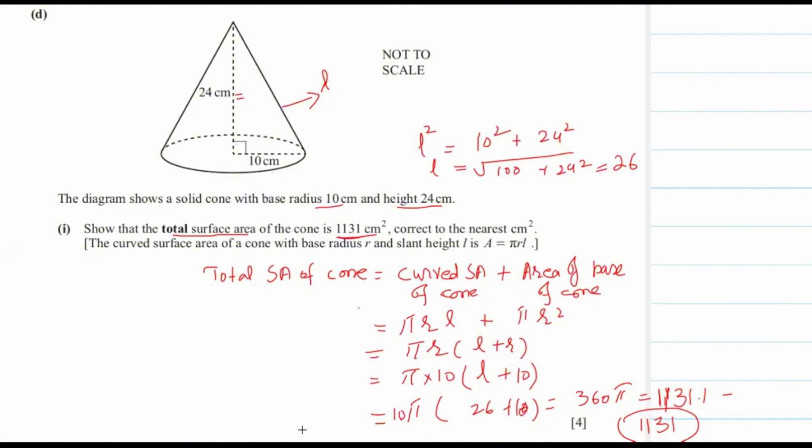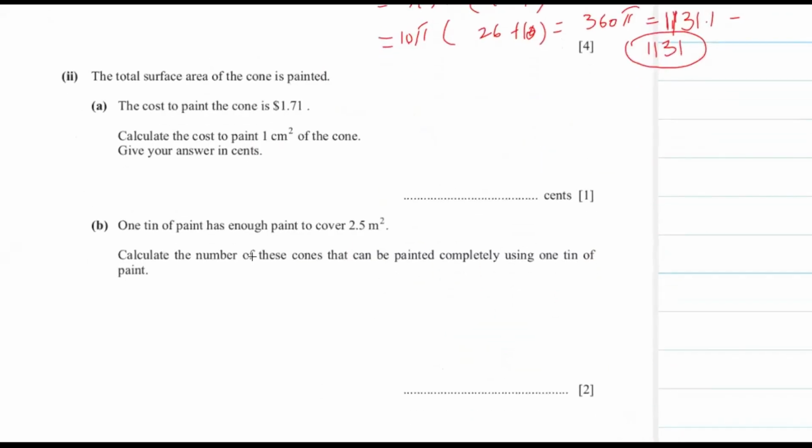Next part of this question here is total surface area of cone is painted. The cost of the paint of cone is $1.71. Calculate the cost of paint 1 centimeter square of the cone. Look here, the total surface area of cone is 1131 centimeter square.